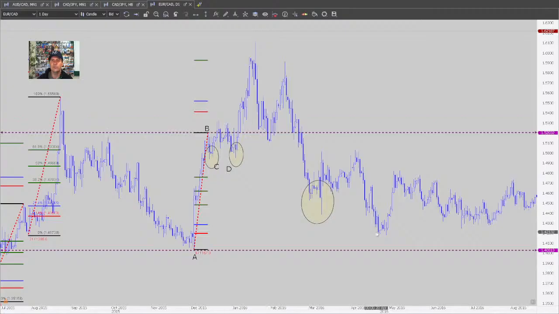Or is the fourth circle the C? Everybody, which one is the C? Let me see if I can trick you. Which one is the C, everybody? Is it the first circle, the second circle, the third circle, or the fourth circle?